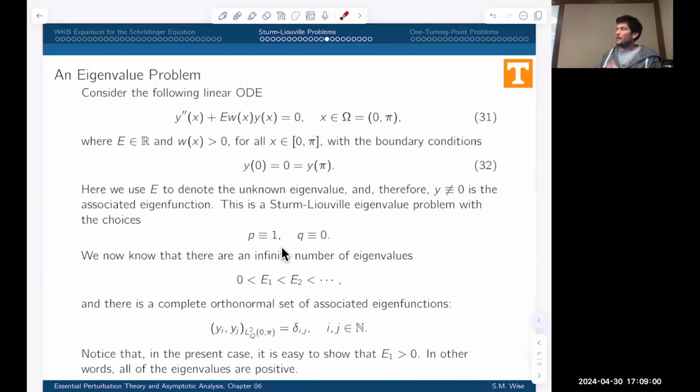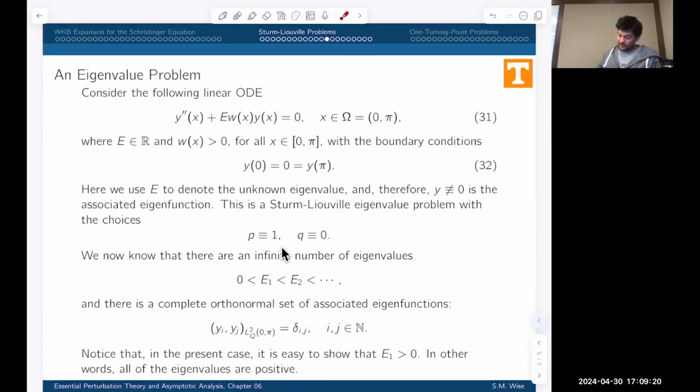Here we're using E for eigenvalue because this is the most standard notation in the quantum mechanics literature, where E is going to stand for energy level.